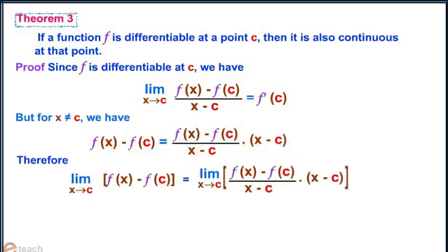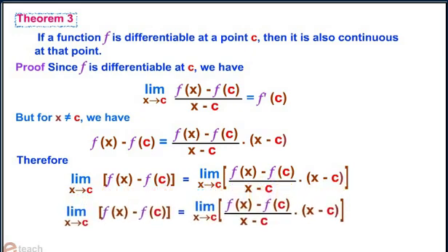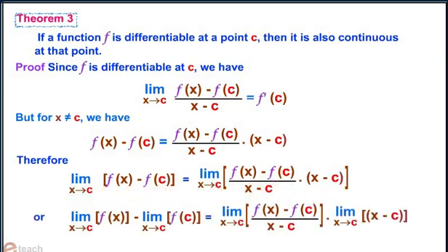Therefore, limit x tending to c of (f(x) minus f(c)) equals limit x tending to c of (f(x) minus f(c)) divided by (x minus c), whole multiplied by (x minus c), or limit x tending to c of f(x) minus limit x tending to c of f(c) equals limit x tending to c of (f(x) minus f(c)) divided by (x minus c), whole multiplied by limit x tending to c of (x minus c).